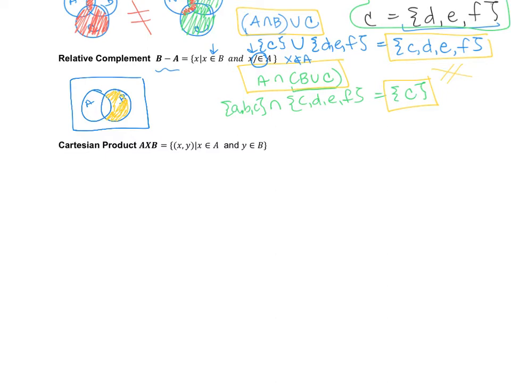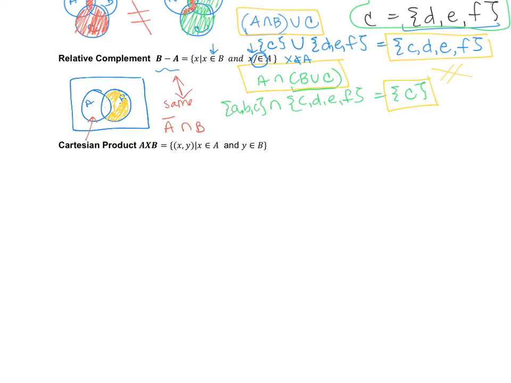So it's B, and it's like this guy here got kicked out. I took him out, minused out. And so that's why we don't include that section in the middle. You could also think about this as the complement of A, so everything not in A, where that intersects with B. These are the same.